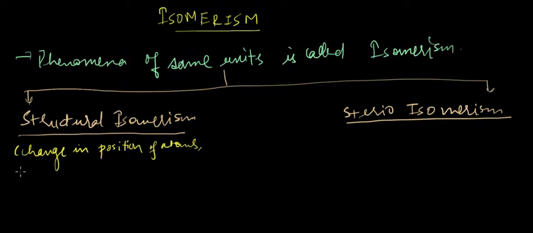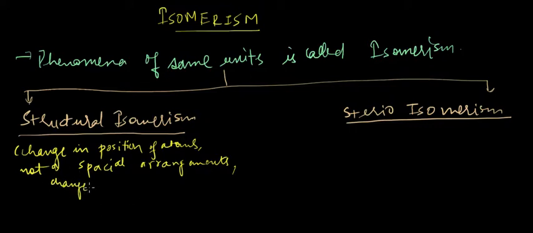This is not a spatial arrangement. We'll talk about what is known as spatial arrangement in stereoisomerism. Okay, for now, if you're not getting the term, don't get tensed. We'll be covering it in the next few seconds. Not spatial arrangement and change in IUPAC name.